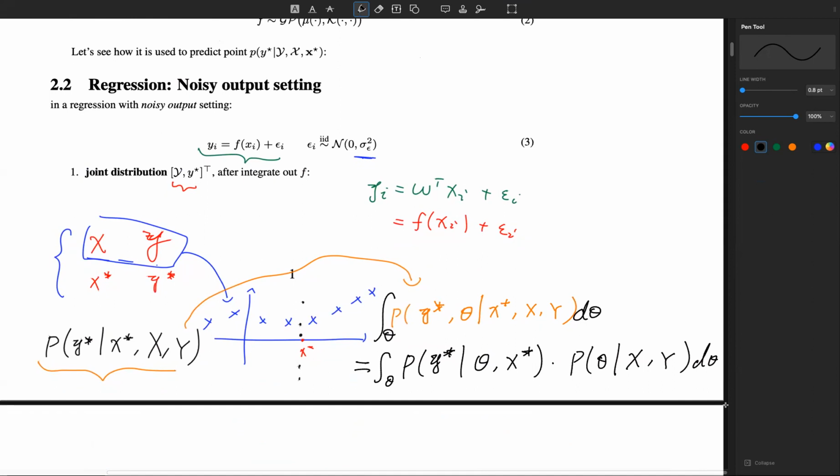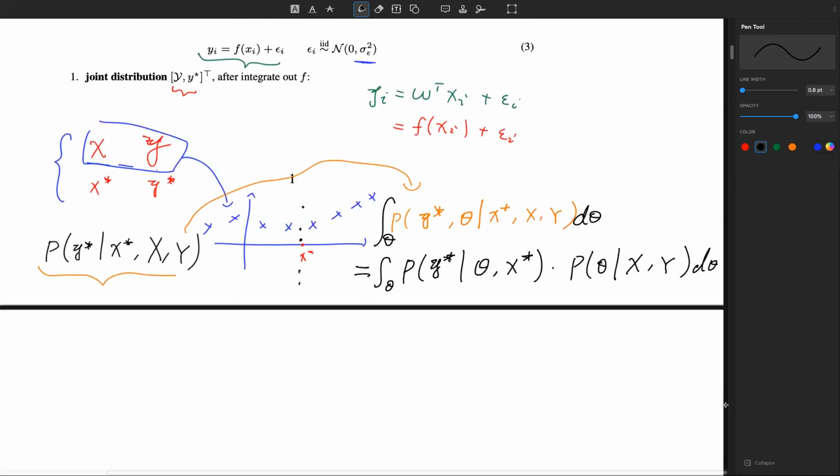Can I just ask what kind of assumptions I make? If I apply my Bayes rule properly here, I cannot get this answer. So I must make some kind of assumption. What kind of assumption did I make?